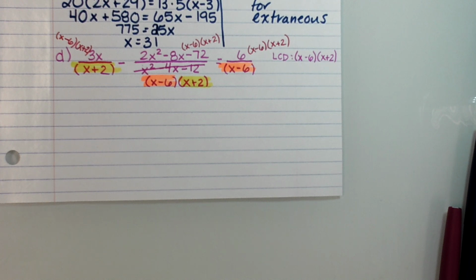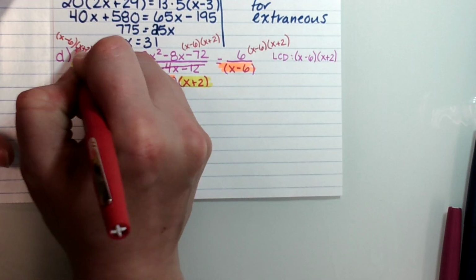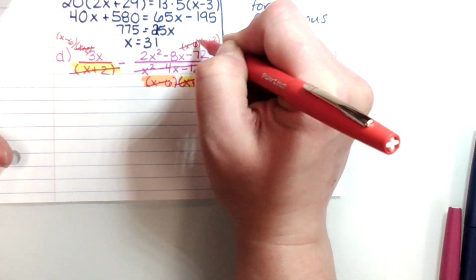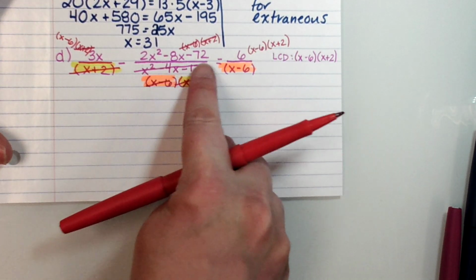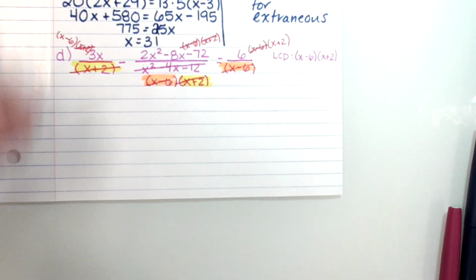Just to do what? Cancel denominators. X plus 2 is gone, so is that one. X minus 6 and x plus 2 are both gone. That's kind of a good thing because I don't want to multiply that by something. X minus 6, gone.